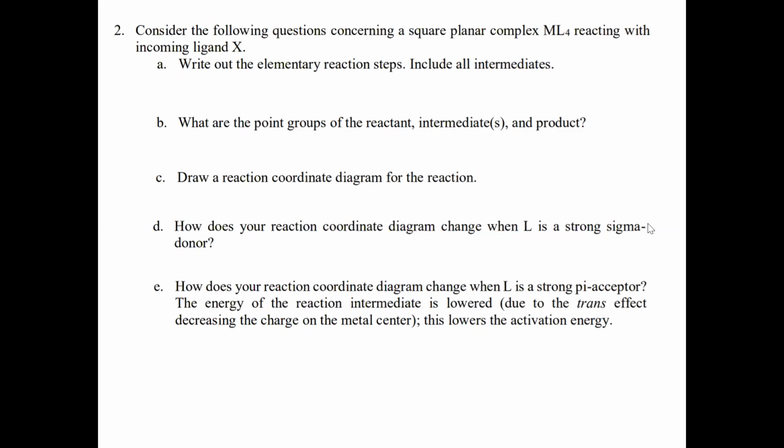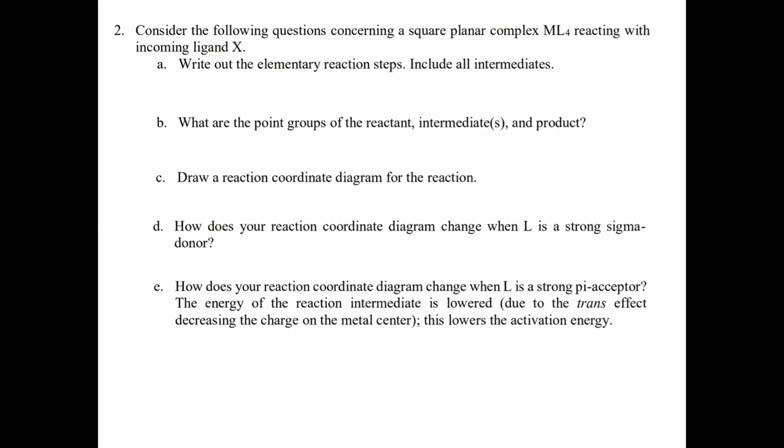So what effect does a strong sigma donor have on the ligand that's trans to it? Trans effects? Yeah, sure. But how does that change the reaction coordinate diagram? Where would the reactants be in terms of an energy level?